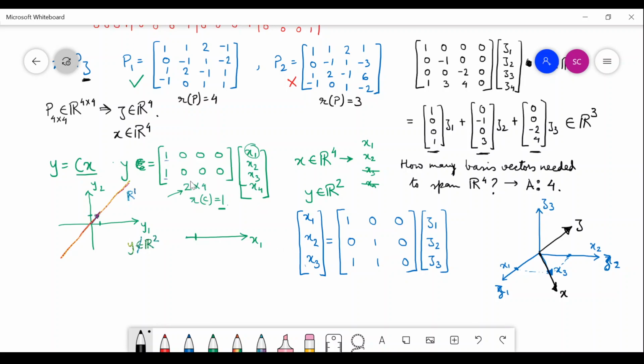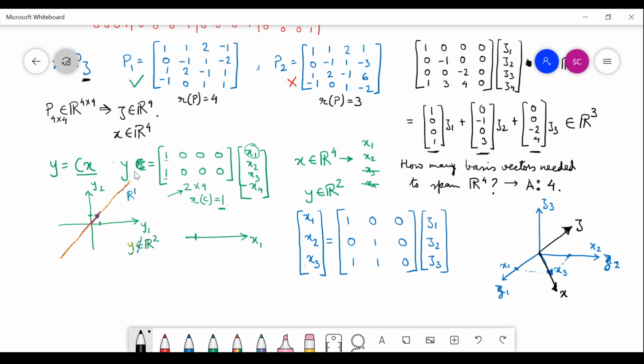In the same way we have seen that y equals Cx gives us information about how we take the state space to the output space. So the relationship between these two spaces is given by this C matrix. The rank of the C matrix governs the space where we are taking the output.